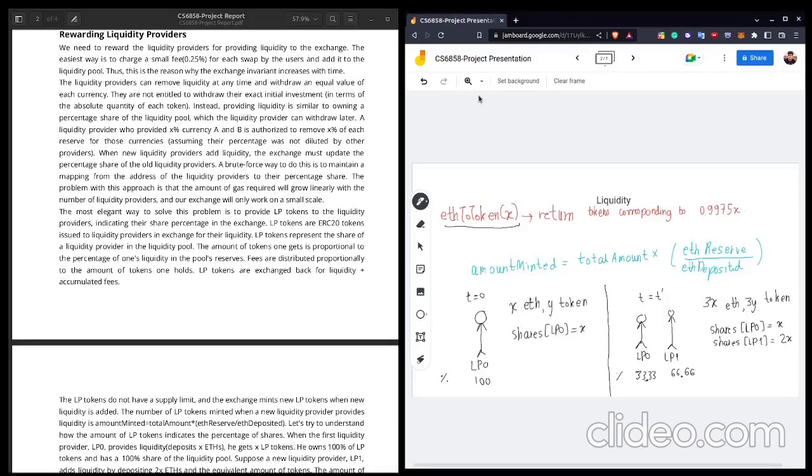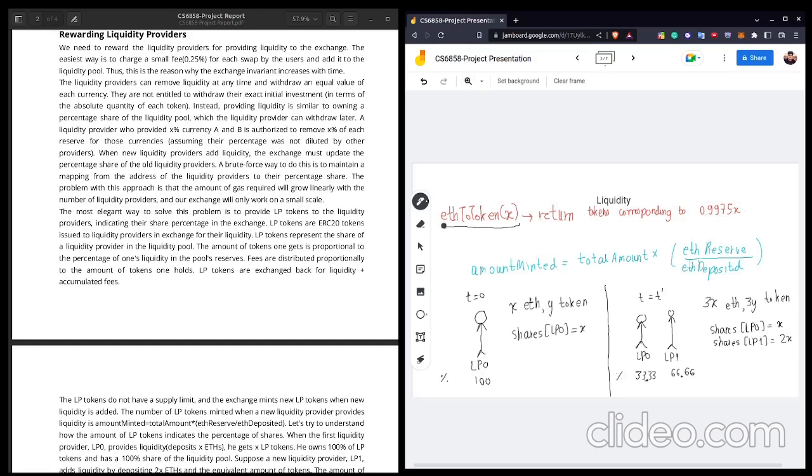The liquidity providers provide liquidity to the exchange by storing ETH and an equivalent amount of tokens in the liquidity pool. They need to be rewarded, which would encourage others to join the liquidity pool. The easiest way is to charge a small fee, around 0.25%, for each swap by the users and add it to the liquidity pool.